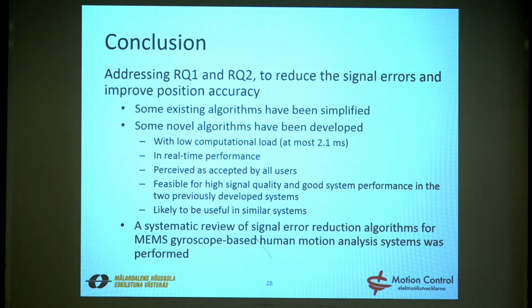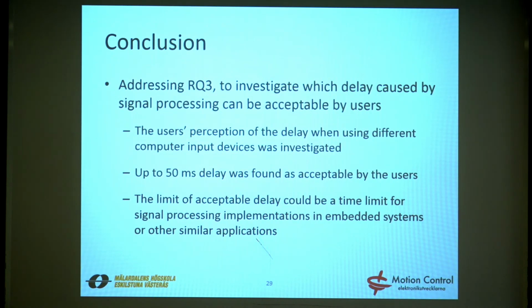In addition, a systematic review of signal error reduction with MEMS gyroscope-based human motion analysis systems was performed. And for the third question, which is to investigate which delay caused by signal processing can be acceptable to the users, the user test was performed with the developed communication system, and we found up to 50 milliseconds delay can be acceptable by all the users.